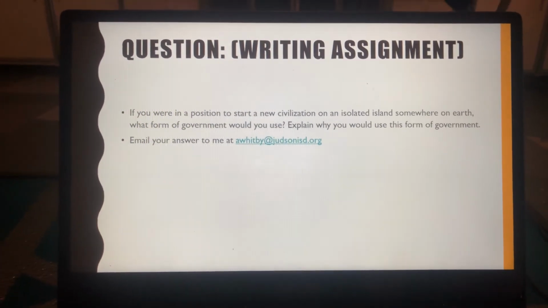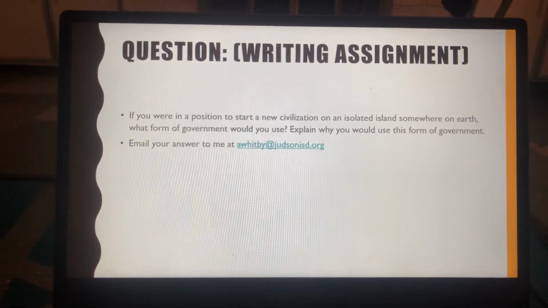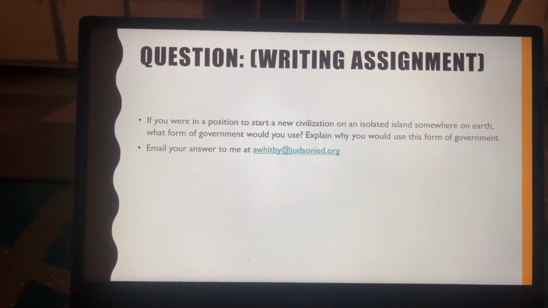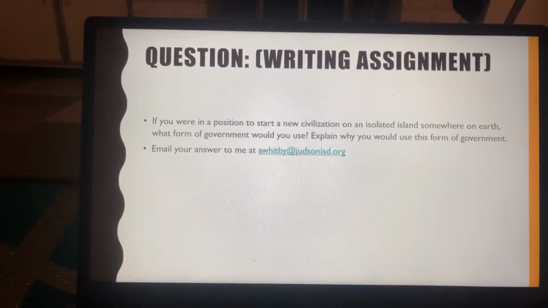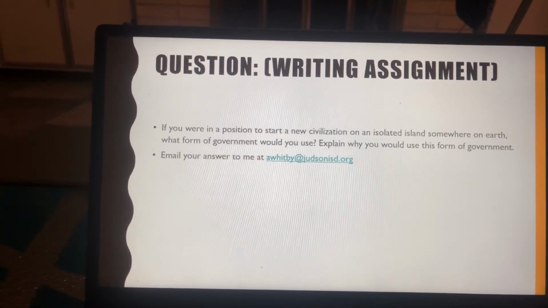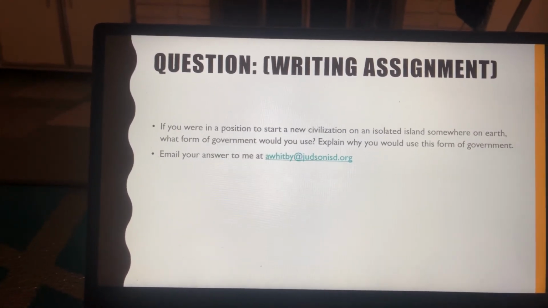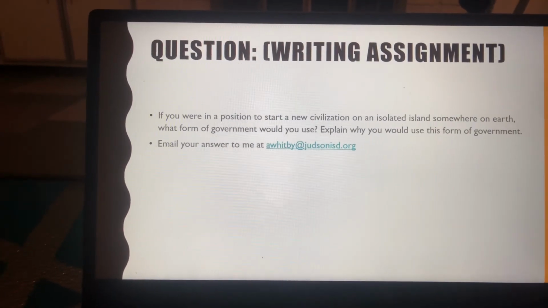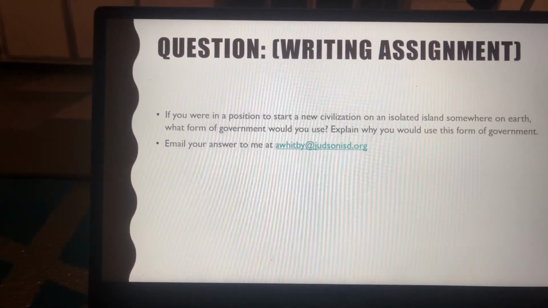Also, think about this. You are responsible for these people. You have to control them. You have to protect them. So you may want to go back to the second slide where I just kind of explained some of the things that governments provide to citizens, and look at that.